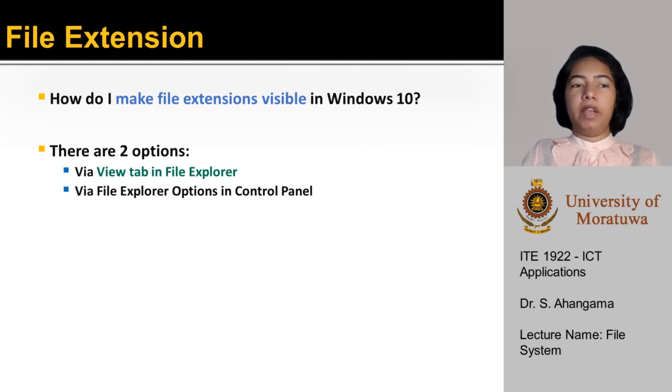How do I make file extensions visible in Windows 10? There are two options. The first one is through File Explorer. You can go to the View tab and make the changes. If not, through the Control Panel, you can go to File Explorer options and make the changes.